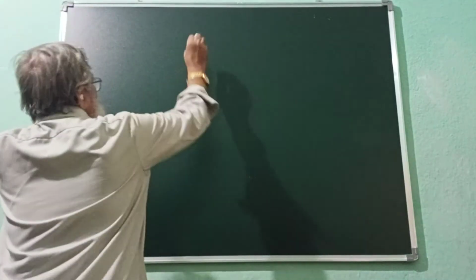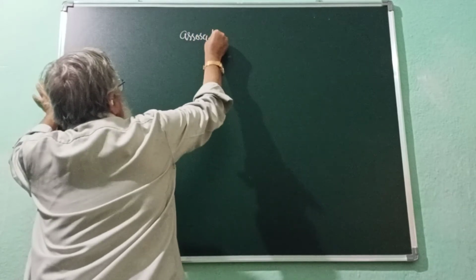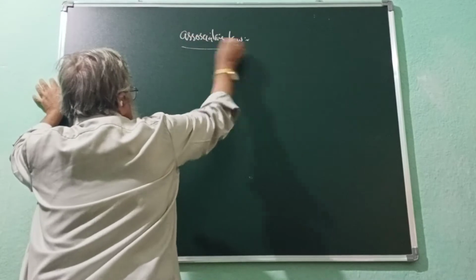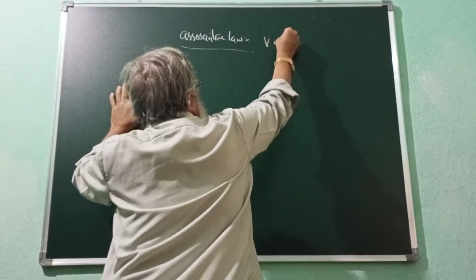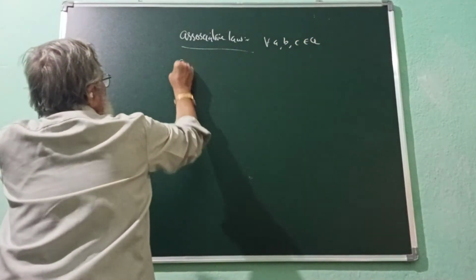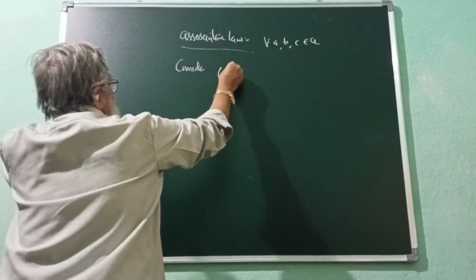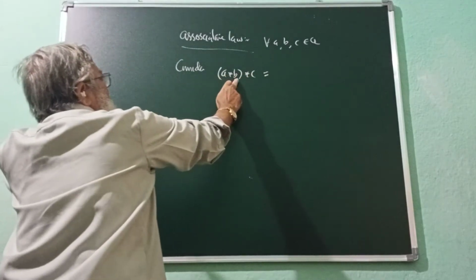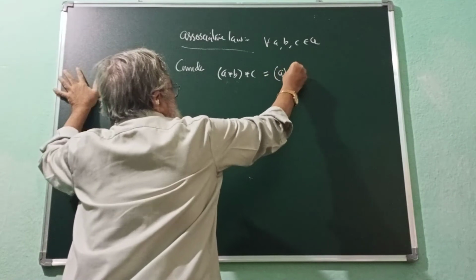Associative law, let us check out. For every A, B, C belongs to Q, consider A star B star C. Now how do you operate A star B? See the operation, it is AB plus 1.